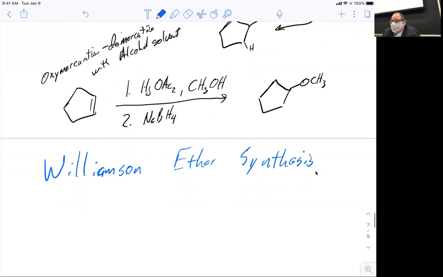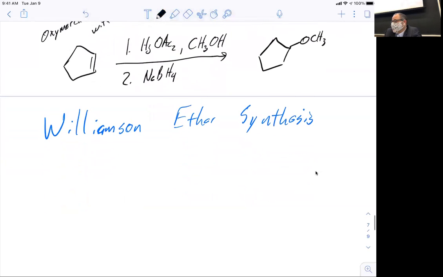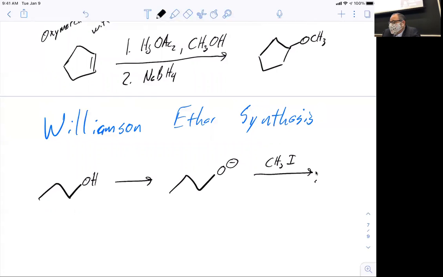This is one of those that always makes me scratch my head when students miss these problems. The Williamson ether synthesis, and this may be the reason, looks a lot like something we've already seen before: we first make the alkoxide, and then we have that alkoxide react with some type of electrophilic carbon.